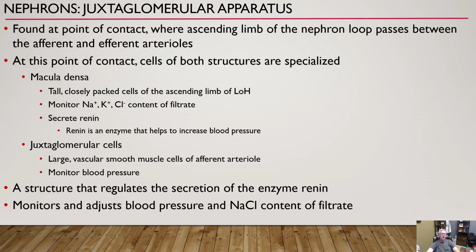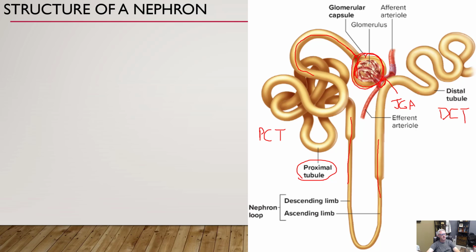All right, so now I will say I don't like how this textbook divides up the chapter. So the juxtaglomerular apparatus, remember, is this thing right here. Now we've skipped over the proximal tubule and the loop of Henle, and we're looking at this juxtaglomerular apparatus.